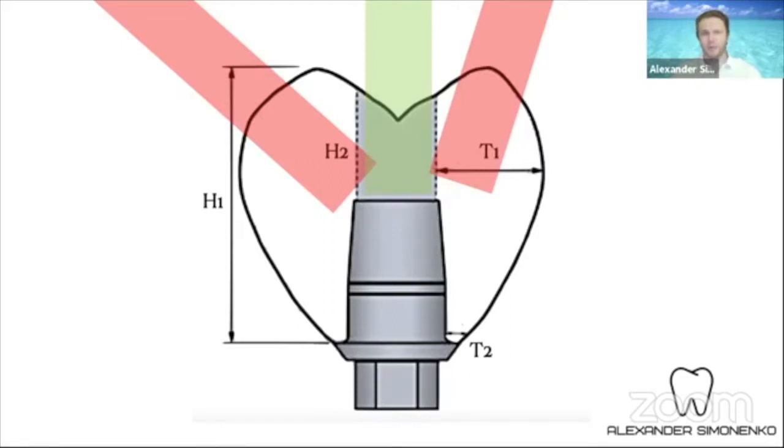And the second point, we can't position this hole on the buccal surface because this is a visual zone, this is an aesthetic zone, and we will get a compromised restoration in that way.